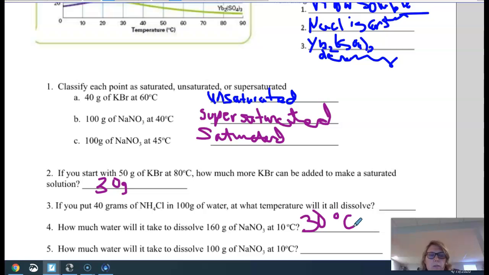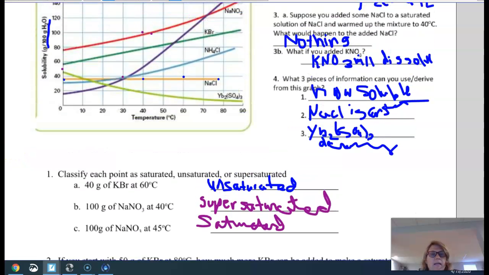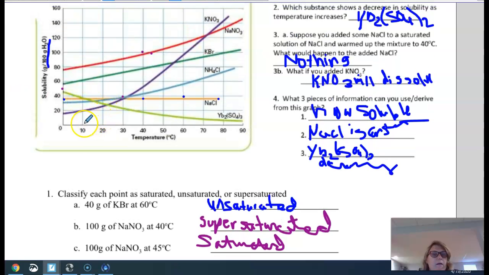How much water will it take to dissolve 100 grams of NaNO3 at 10 degrees Celsius? Well, if I'm looking here at 10 degrees Celsius, NaNO3, 100 grams of water will dissolve 80 grams of it at 10 degrees Celsius.